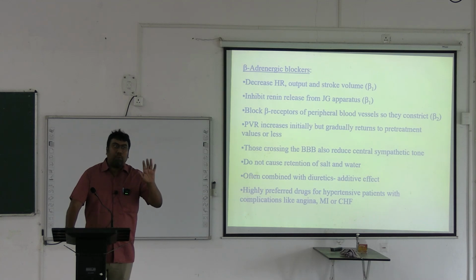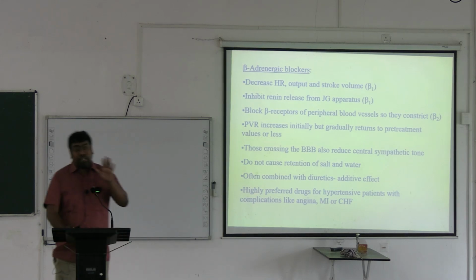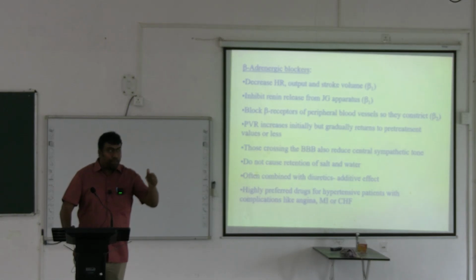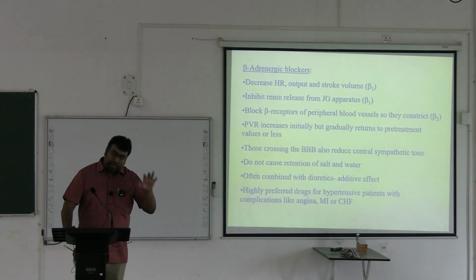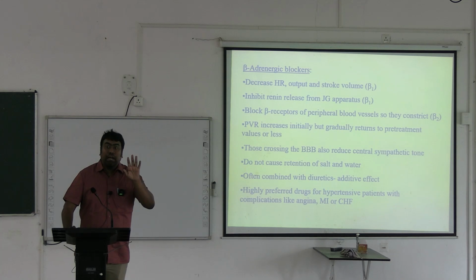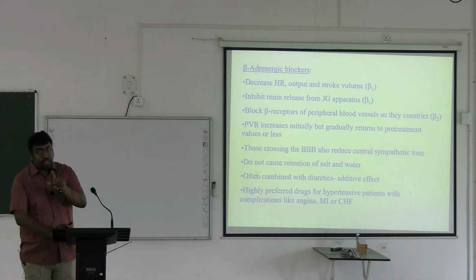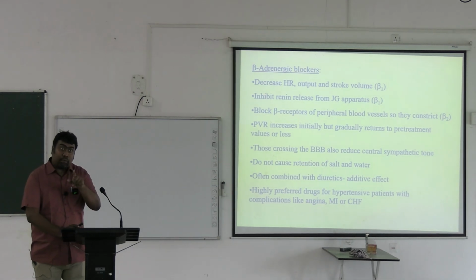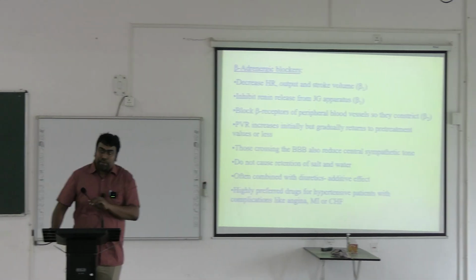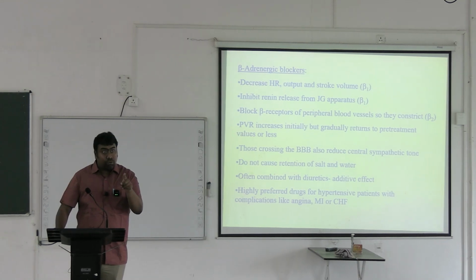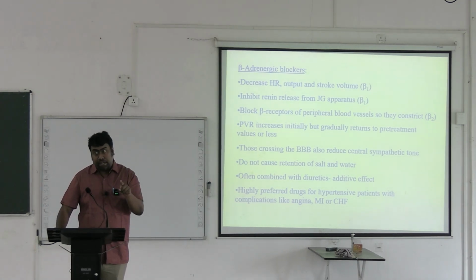Beta blocker, beta 1, beta 2, right? Where is beta 1 present? In the heart and kidney. If they block beta 1 in the heart, what happens? Heart rate decreases, contractility decreases, cardiac output decreases. There is no effect on peripheral resistance. If it is affected, it is dilated. Why? What is in the periphery, beta 1 or beta 2? Beta 2. If it is blocked, it can produce hypertension. So never write that it blocks beta 2 as an antihypertensive drug.